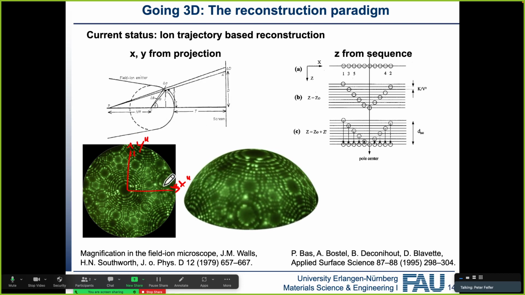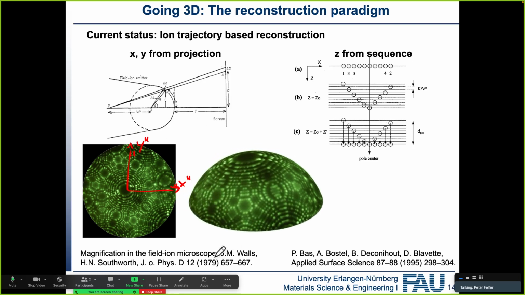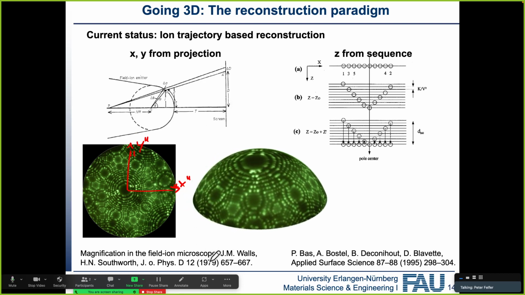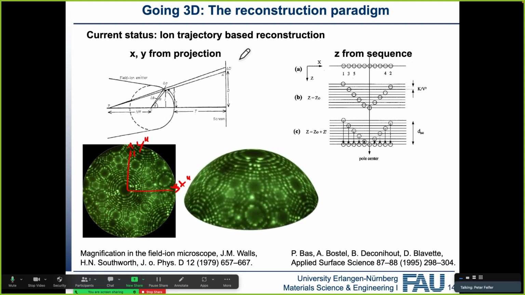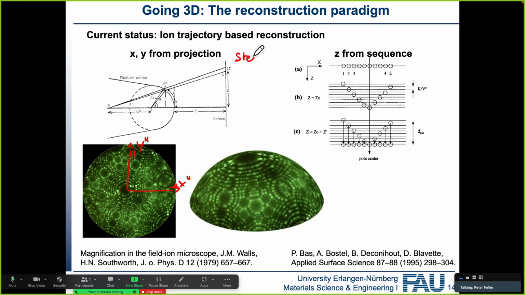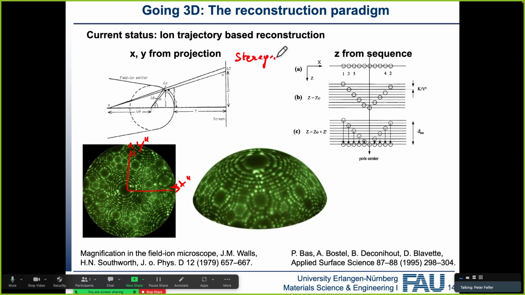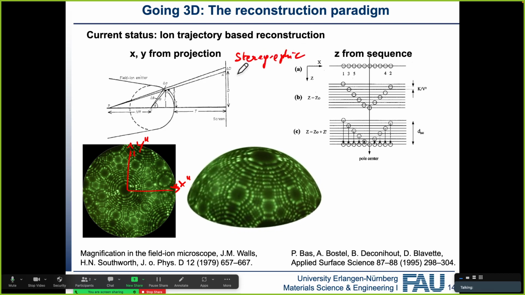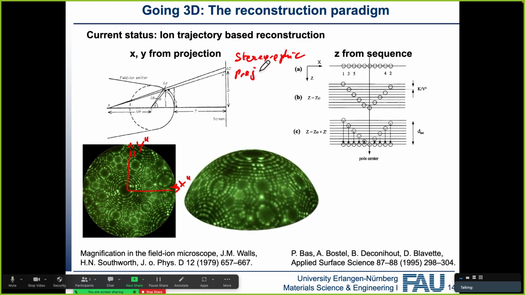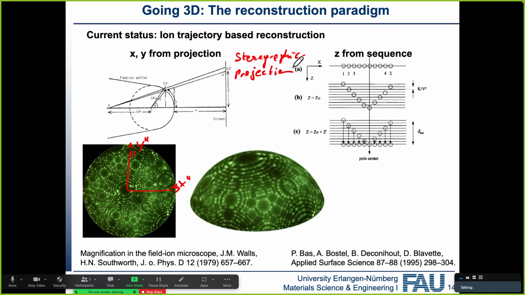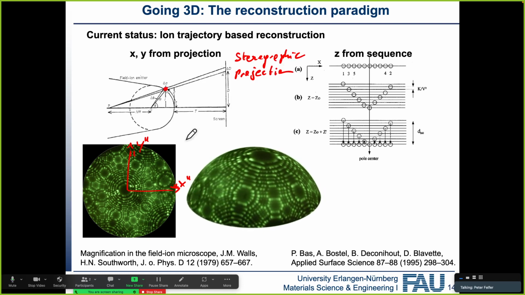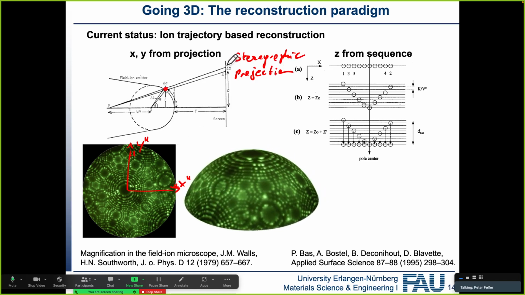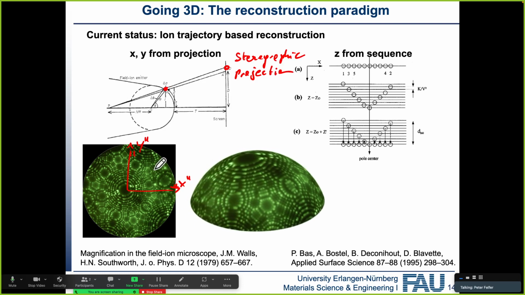And this is actually a geometry that people already in the late 70s had pretty much figured out. So essentially, you can look at this as a stereographic projection of the surface. If you look at here, this is a point at the surface, and the question for us is how does it translate onto the screen?